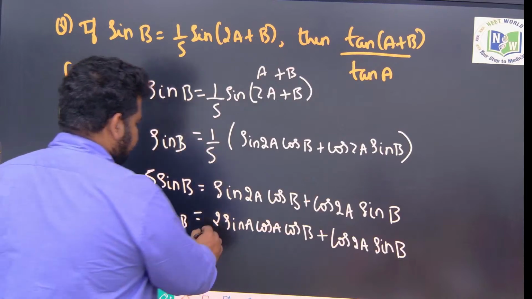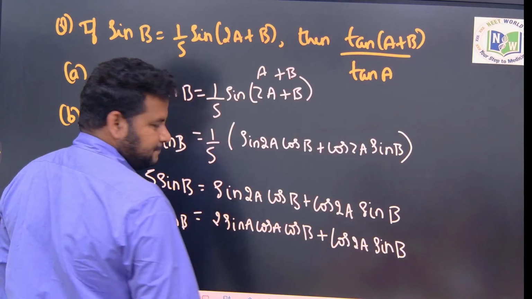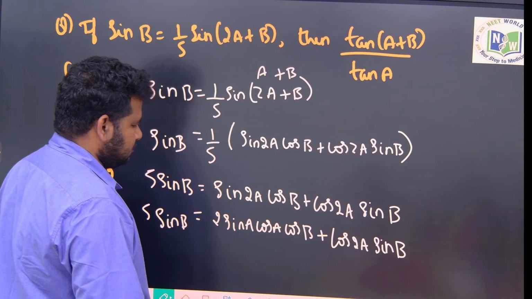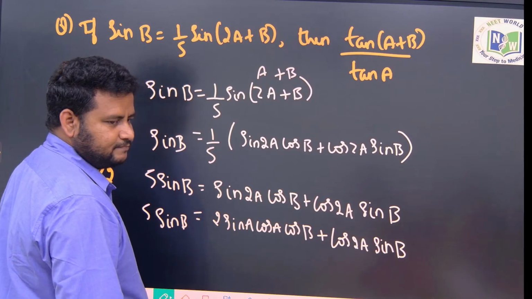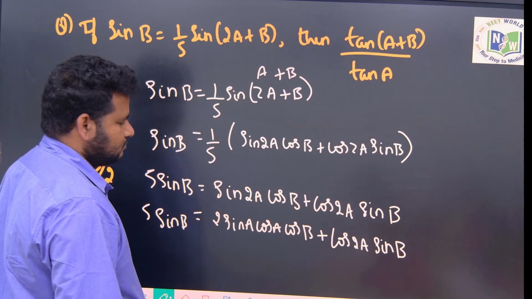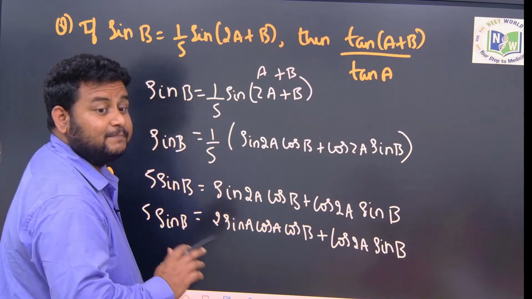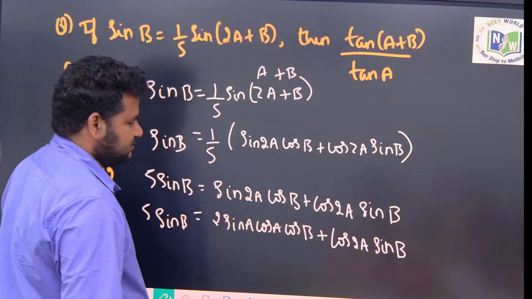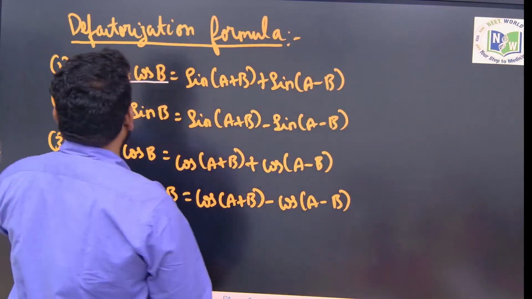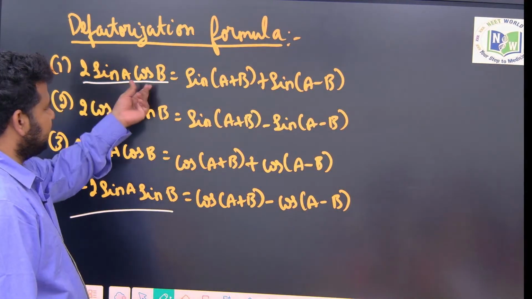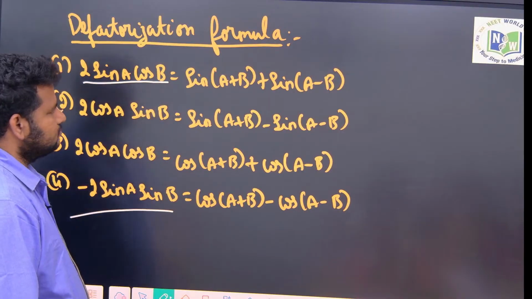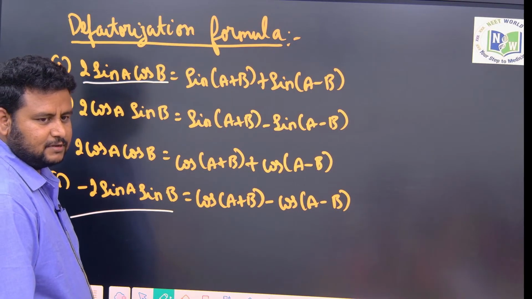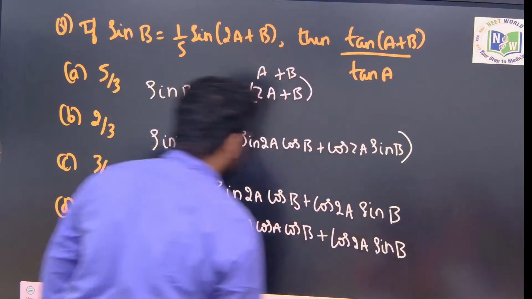Now we are having 2 sin A cos A. 2 sin A cos A is what? Observe here, instead of B, A is there. That is sin of A plus B plus sin of A minus B.